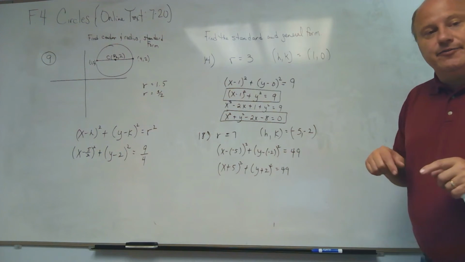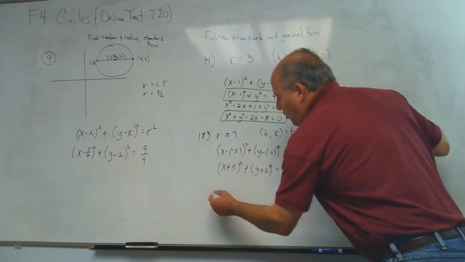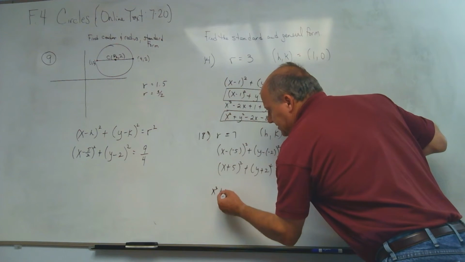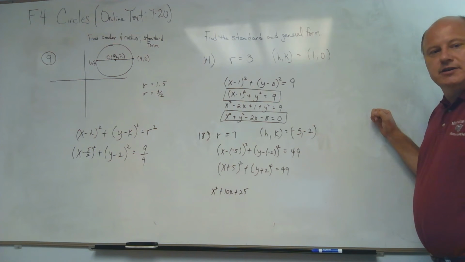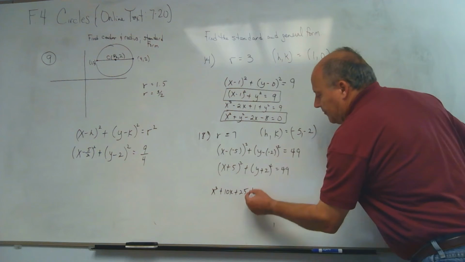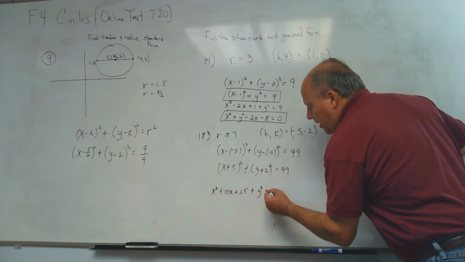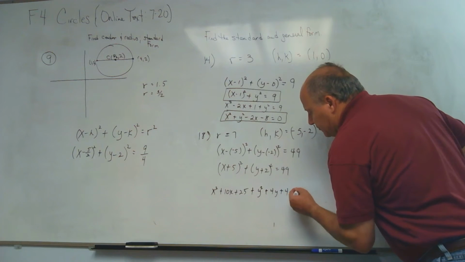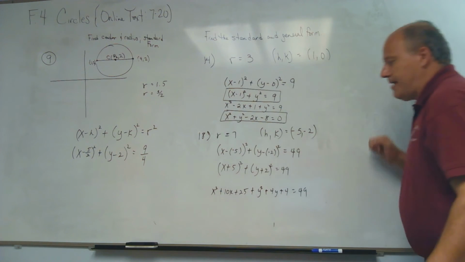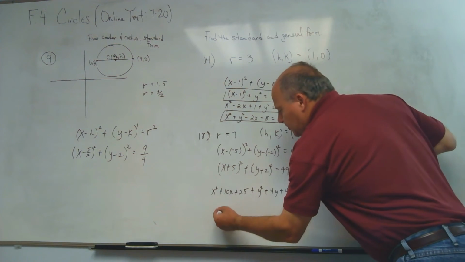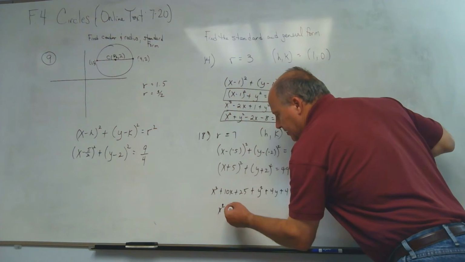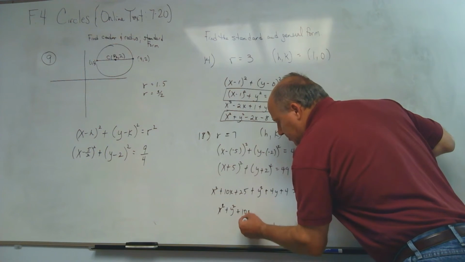Now that's standard form. Now general form, you just have to multiply this out. So it's x squared plus 10x plus 25, if you FOIL x plus 5 squared out. And y plus 2 squared, FOIL that one out, is y squared plus 4y plus 4 equals 49. So it's a matter of rearranging terms, set it equal to 0. So it's x squared plus y squared plus 10x plus 4y.